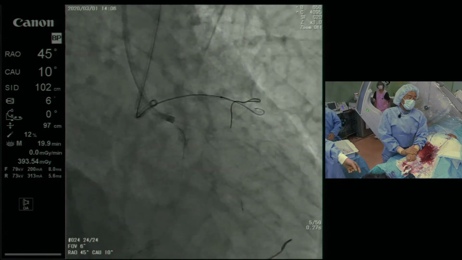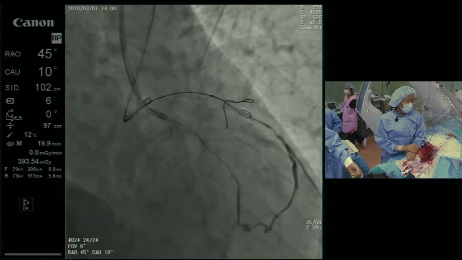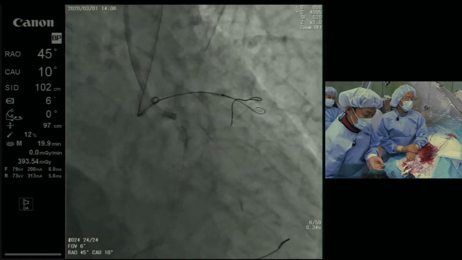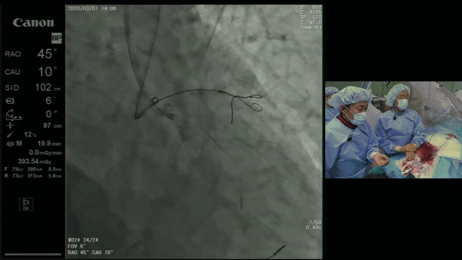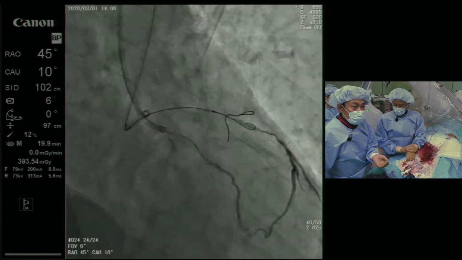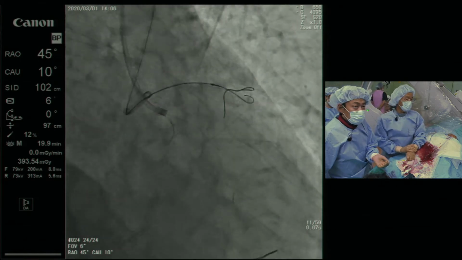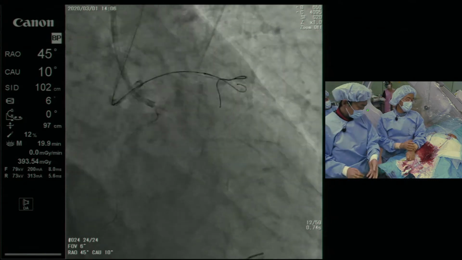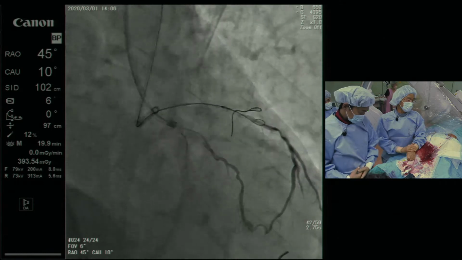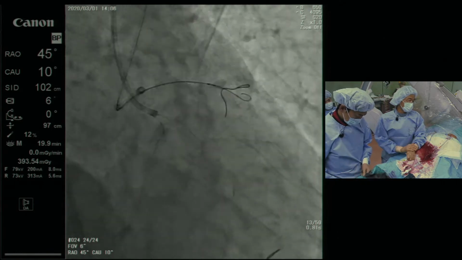As an inventor of the retrograde approach, I'm worried that the use of the retrograde approach is now 40% in European and Japanese registries. I think it's too much.